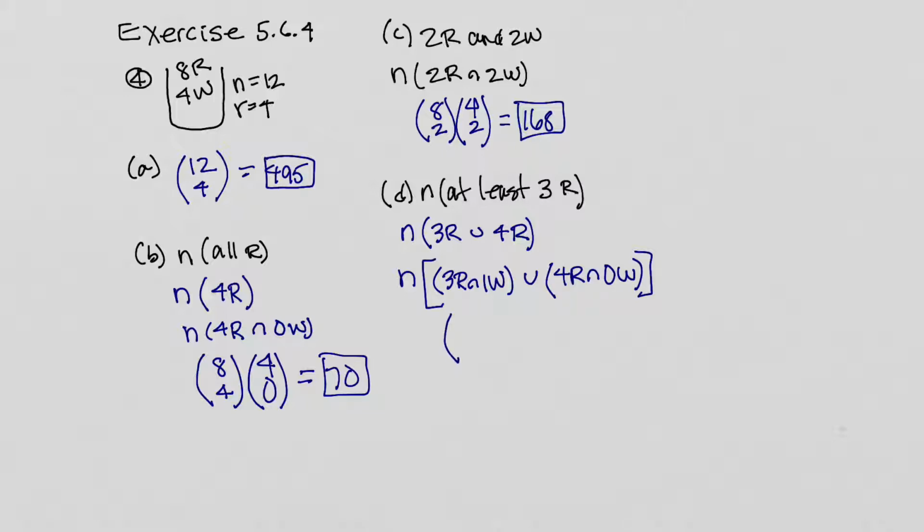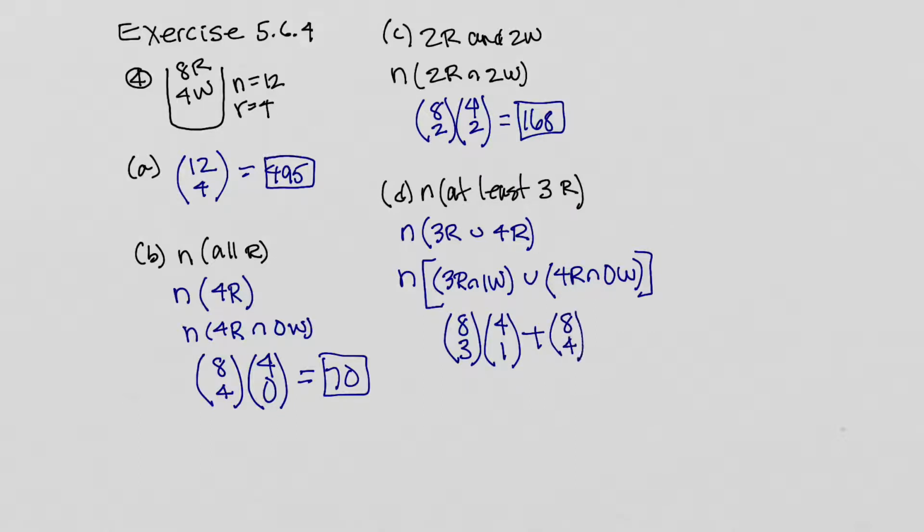Now that I've got things written out in this detail, I can get my count. So how do I get this 3 reds and 1 white? Well, there's 8 reds from which to choose. We want 3 of them, and times there's 4 whites. We want any one of those. Now this is an OR, and an OR is a plus. And then here we have 4 reds, 0 whites, so there's 8 reds from which to choose.